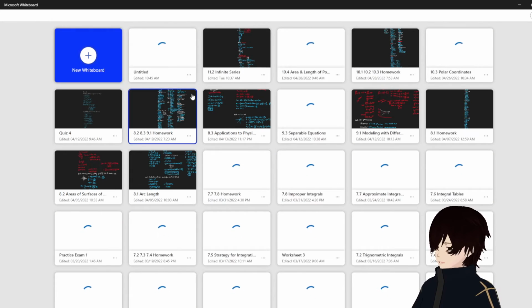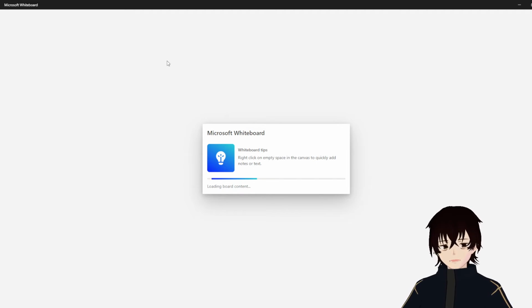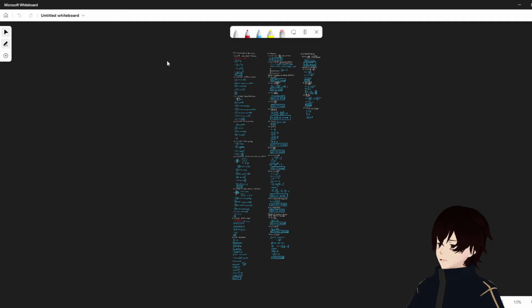Did I read the question right? Why is this one so confusing? Because it's not to a power. It's just 1 over 3n. And it says it should diverge.